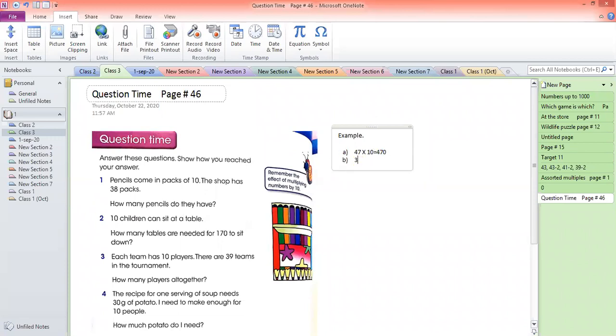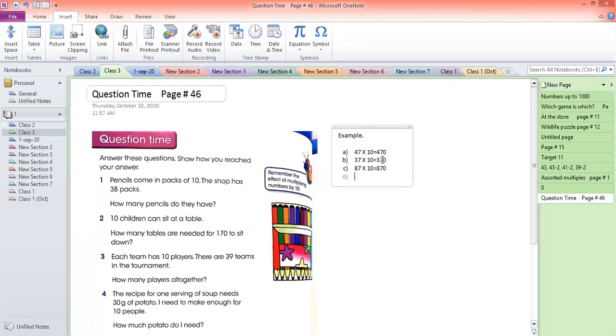Same, if I ask you 37 multiplied by 10, you will write 37 first and add 0 on the right side. If I multiply 87 by 10, you will write 87 first and then add 0 on the right side. In that way you have to do it.